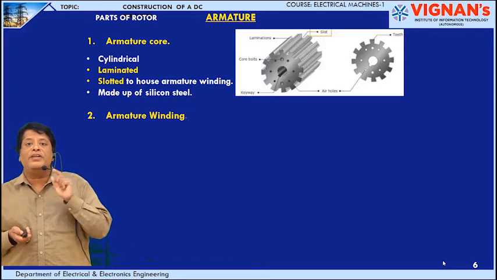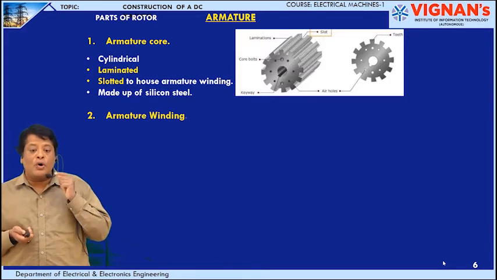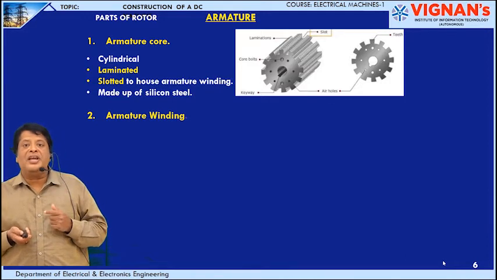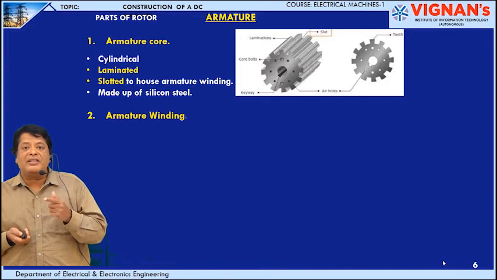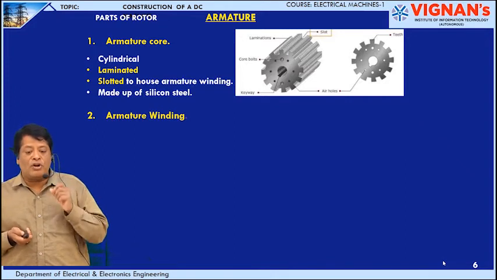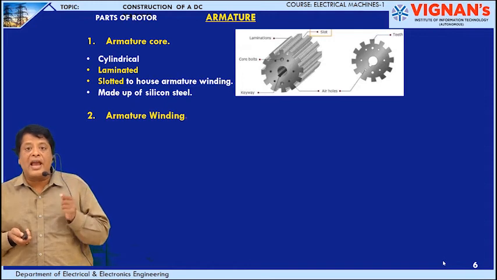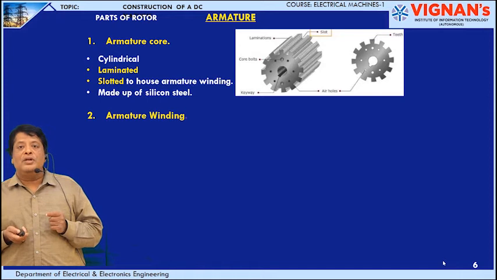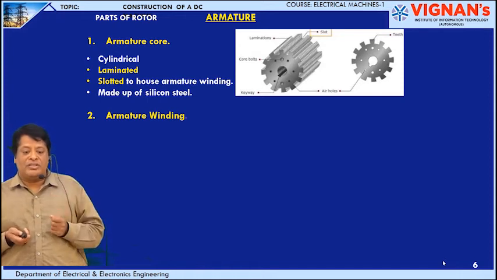The outer periphery is slotted to house the armature conductors. See here, we are keeping the armature conductors, nothing but the armature winding, in the slots. It is a laminated body. Why are we laminating this body? To reduce the eddy current losses.